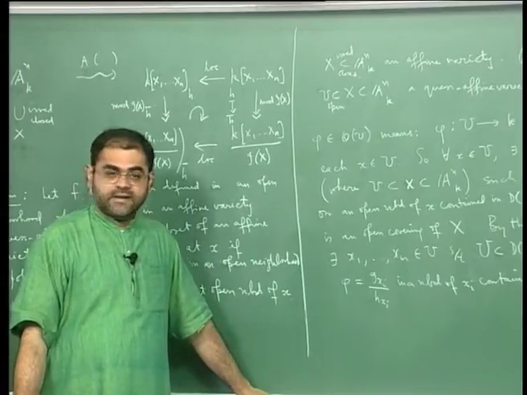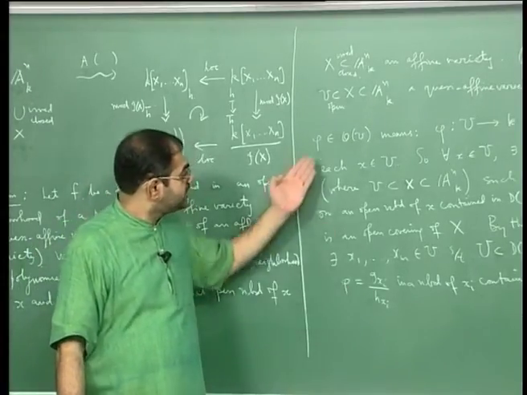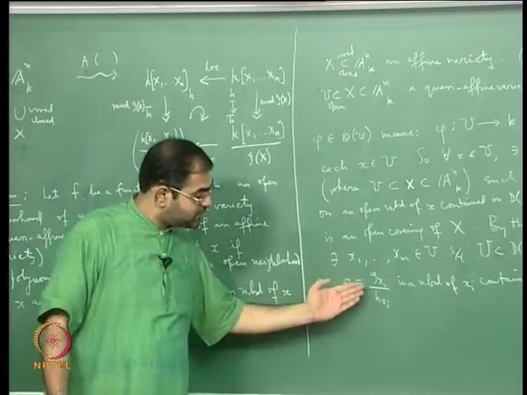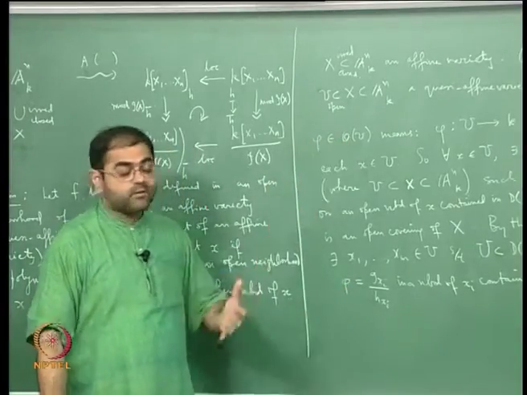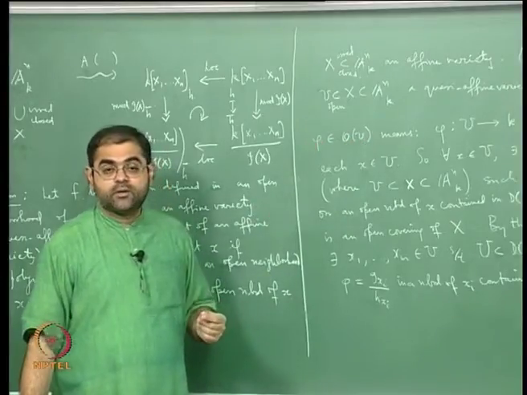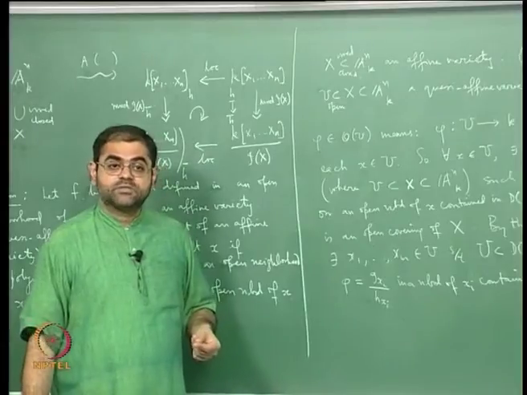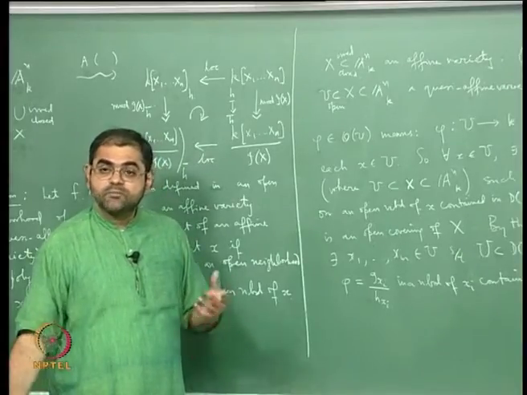This is what a regular function on U is. A global regular function on an open set is gotten by gluing finitely many quotients of polynomials. So it is a gluing process.